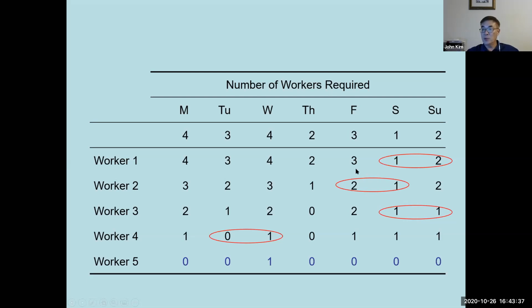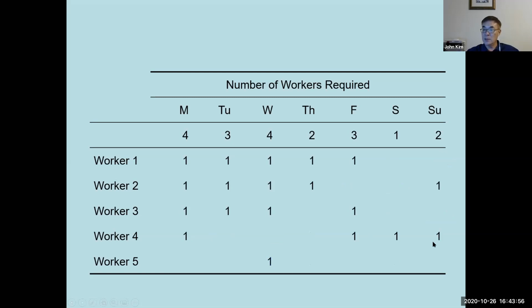Friday, worker 1, worker 3, and worker 4 are assigned. And Saturday, worker 4 is assigned. And then Sunday, worker 3, worker 2, and worker 4 are assigned. So assigned like this. And the required numbers are 4, 1, 2, 3, 4, 1, 2, 3, 1, 2, 3, 4, 2, 3, 1, 2. This satisfies the required number of workers.